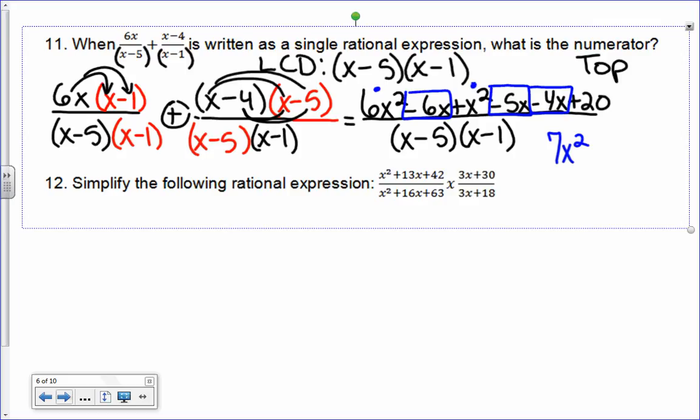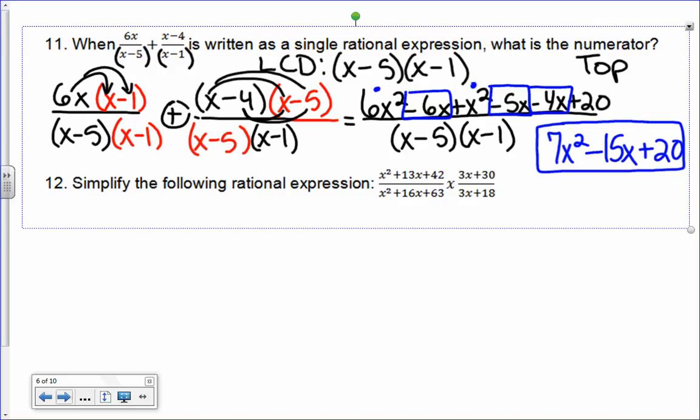Negative 6 minus 5 is negative 11. Minus 4 is negative 15x. Then the 20 does not have anything to combine with it, so my answer is 7x squared minus 15x plus 20. That's what's on the top when it's written as one single expression. On the bottom, you'd have x minus 5 and x minus 1.